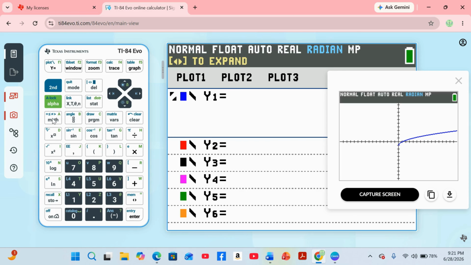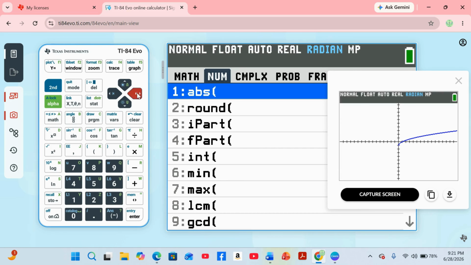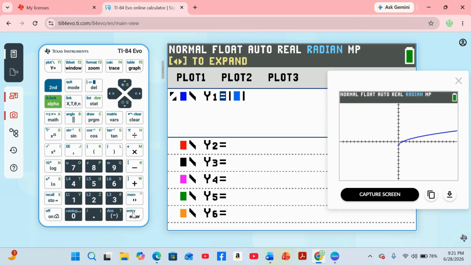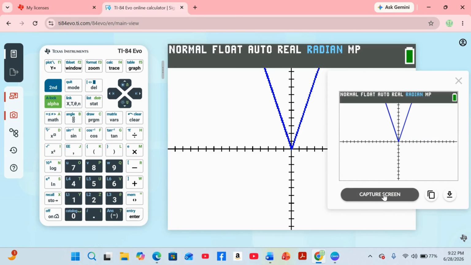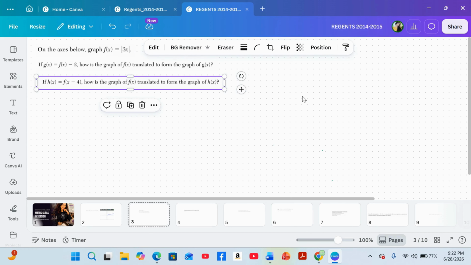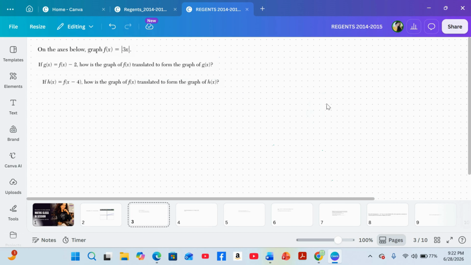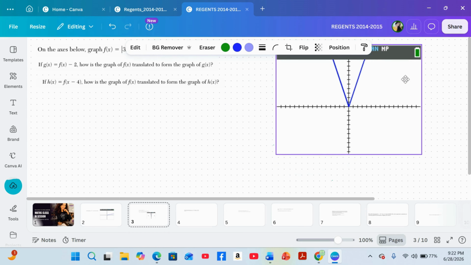So we go to math, num, abs, enter, of 3x, enter and graph. So this is our graph.